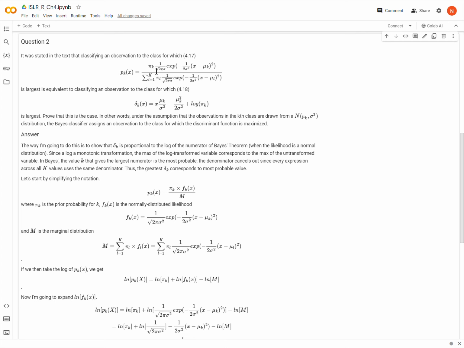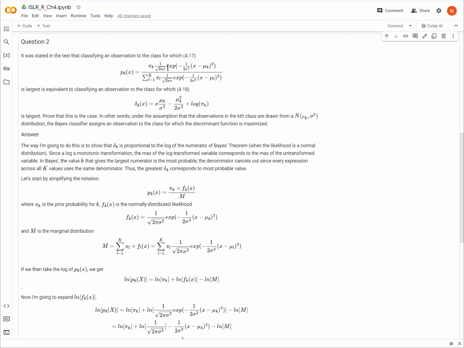So we see the numerator basically duplicated, but now summing over every possible category from 1 to K. If we classify observations by the Bayes classifier, we are told that is the same as classifying according to this delta function. The category with the largest value of P is the most probable category for X, and similarly, the category for which the delta function is the greatest is the most likely category for X.